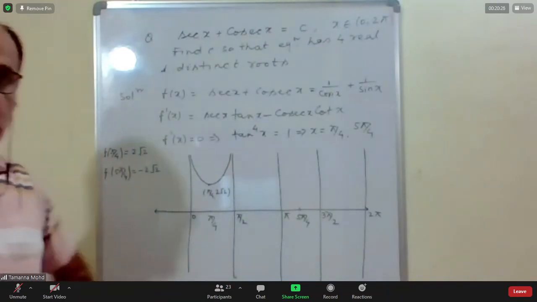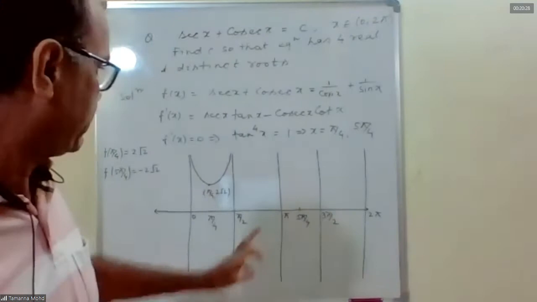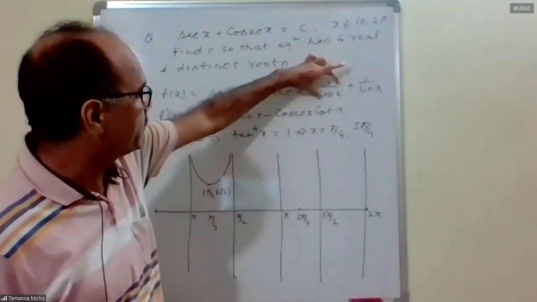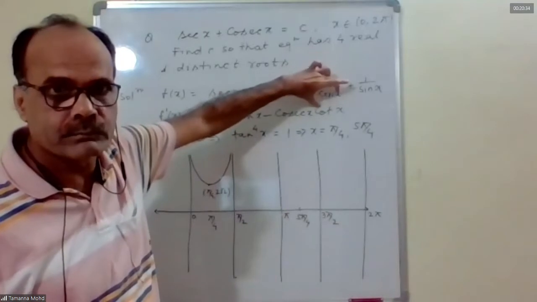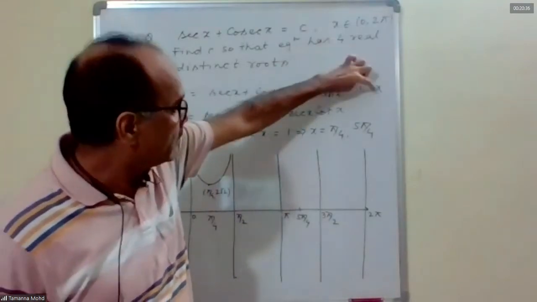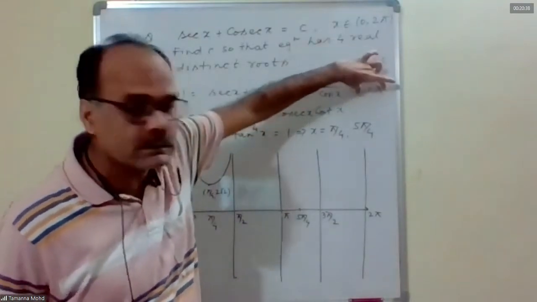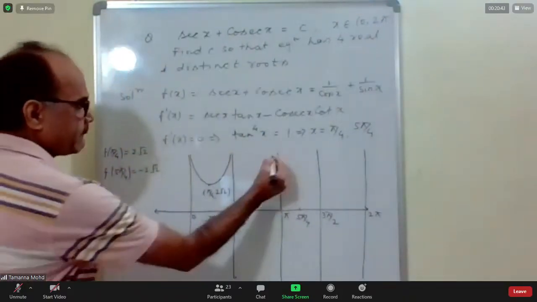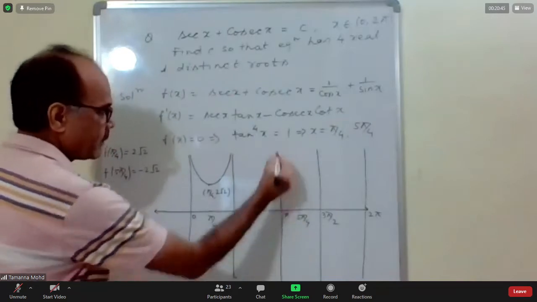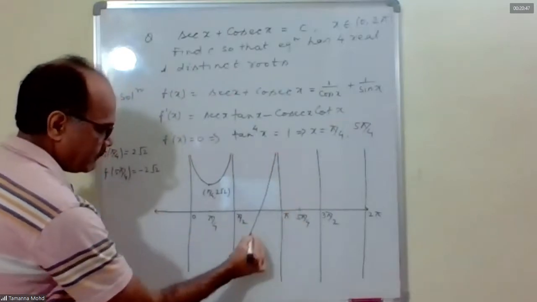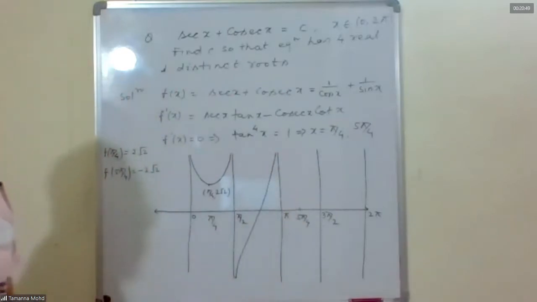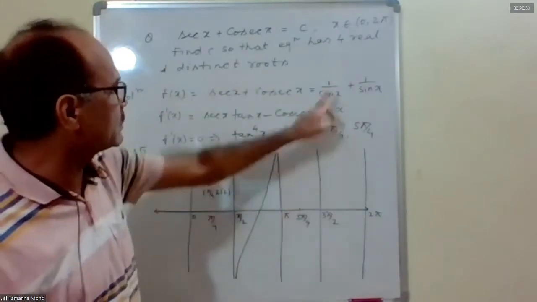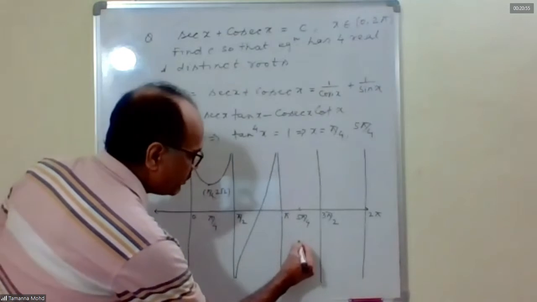Correct. Keep on telling. Pi minus, finite is a finite real number. Pi minus 0 plus, 1 by 0 plus infinity. Just join. At 5 pi by 4, third quadrant, negative, minus 2 root 2.